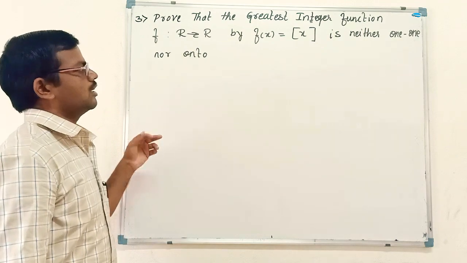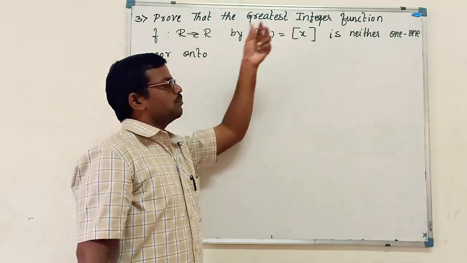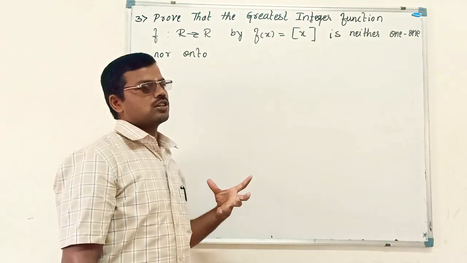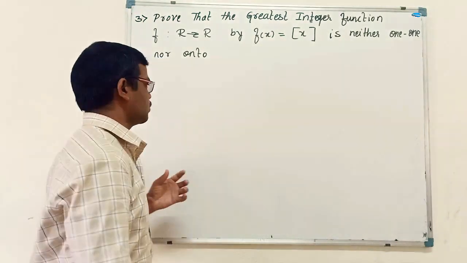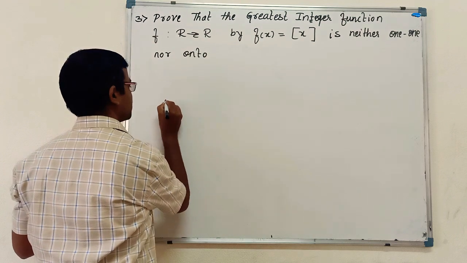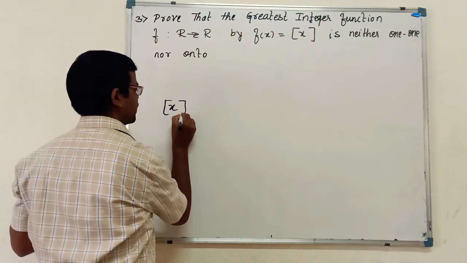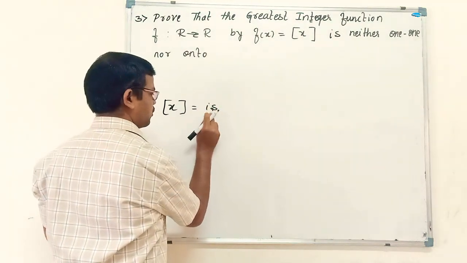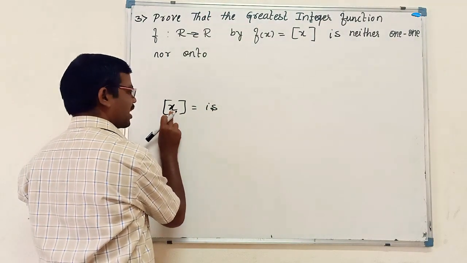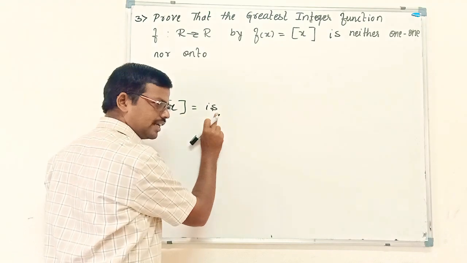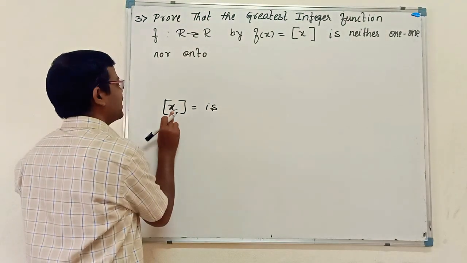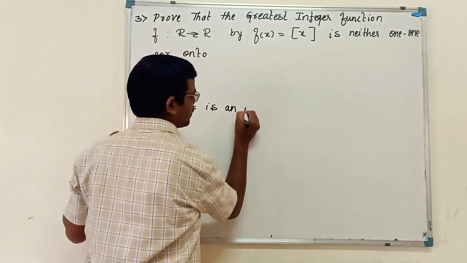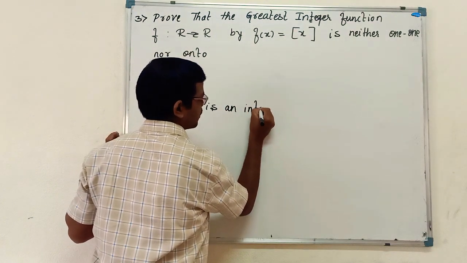Before that we have to know what we mean by the greatest integer function. What is its basic definition? How do we define the greatest integer of x? For this x, we have to get an integer that is less than or equal to x.